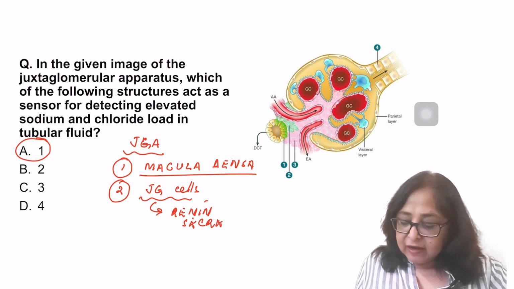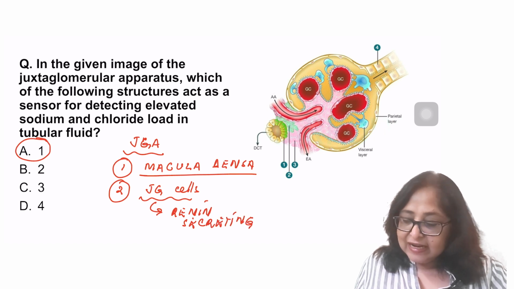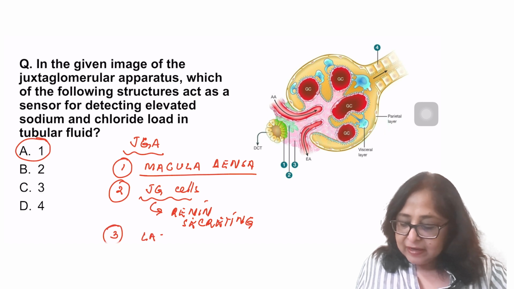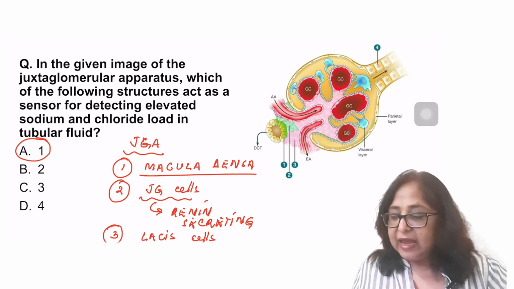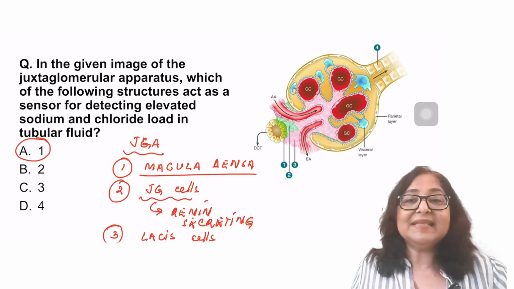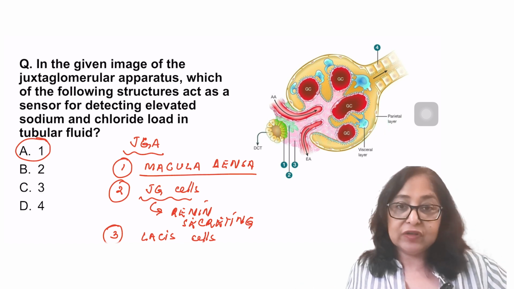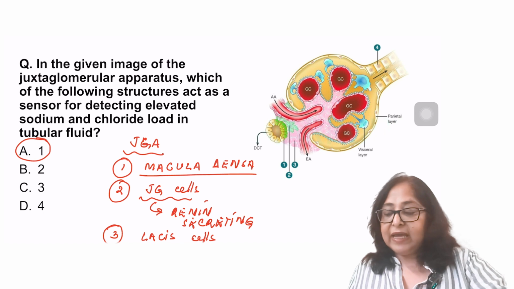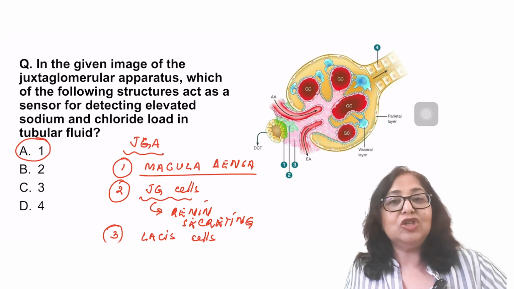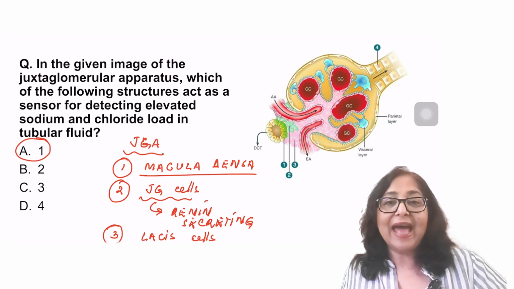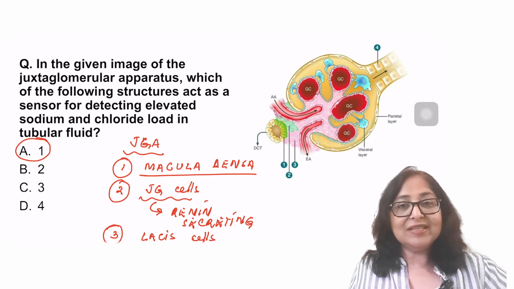The third are what are known as the Lacis cells. Lacis cells are the extraglomerular mesangial cells. What is the exact role of the Lacis cells? We are not very sure, but these three form what is known as the juxtaglomerular apparatus. So the answer to this is A.